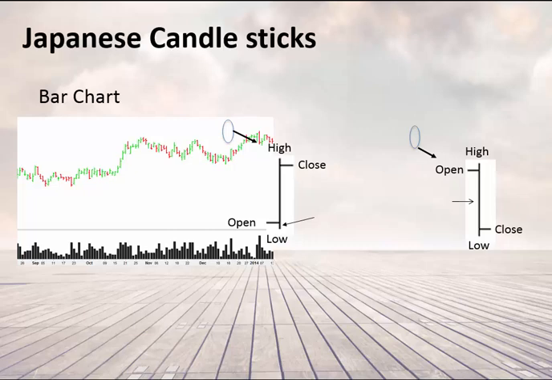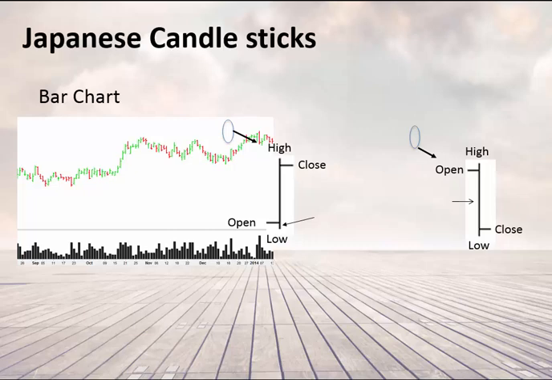The close is represented by a small notch, this time on the right hand side of the bar. The region in between the open and the close is referred to as the body, whilst the zone outside of the body is what we would refer to as a shadow.